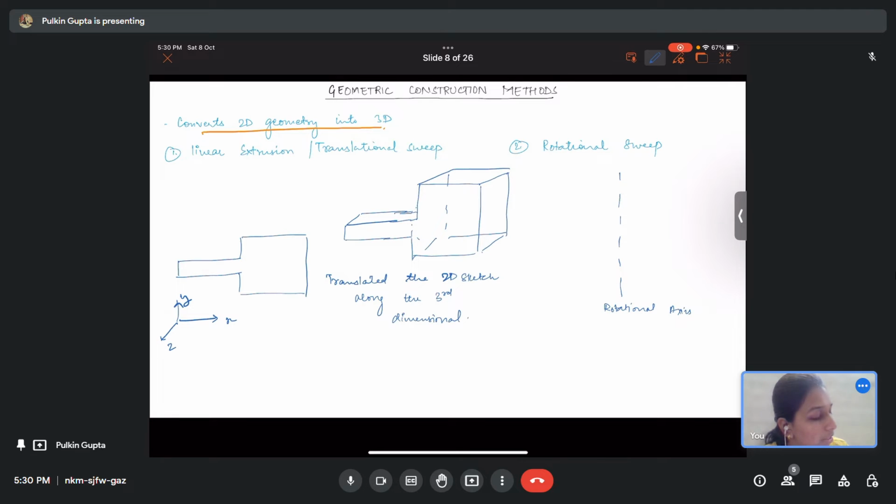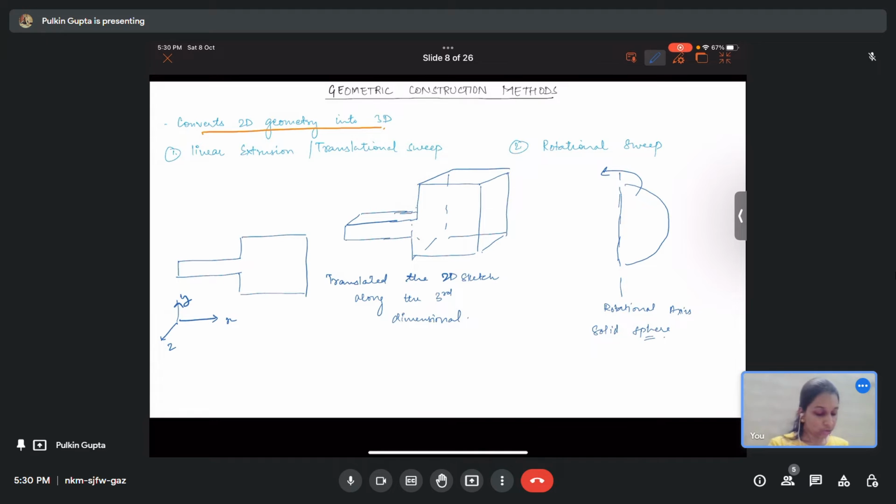Taking a simple example of a sphere, if you have a semicircle and you rotate it about this axis, you will get a complete solid sphere. So in linear extrusion or translation, you translate it along one direction, and in rotational sweep you rotate it about an axis.